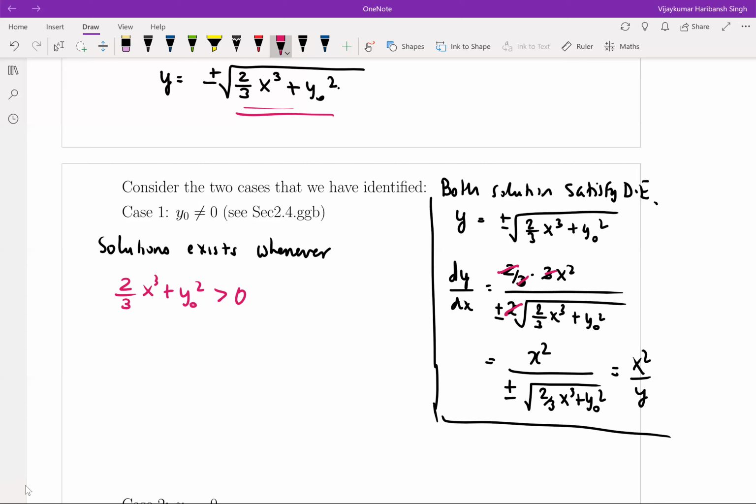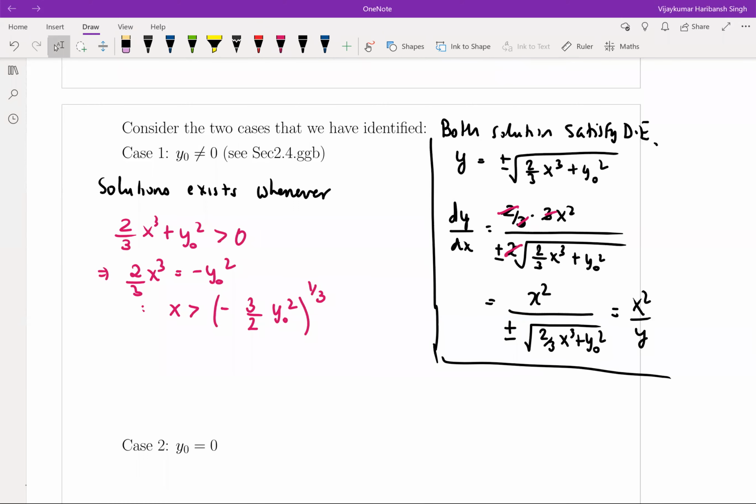So when you simplify, you get 2 by 3 x cubed greater than minus y naught squared, and then x is greater than minus 3 over 2 y naught squared, raised to the power 1 by 3. So the solution exists when x is bigger than this.